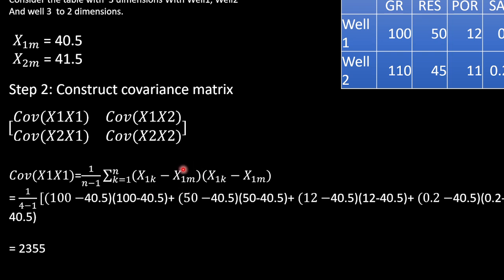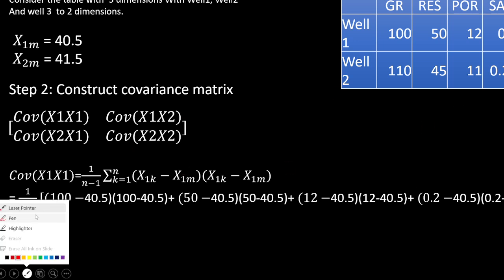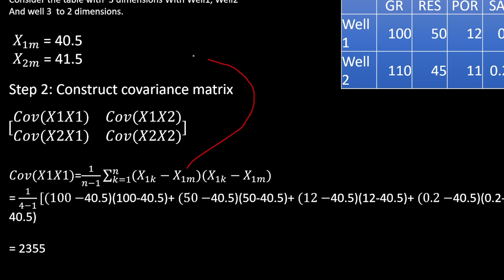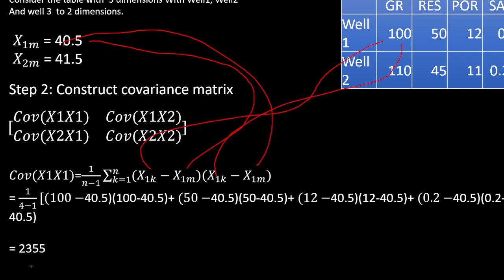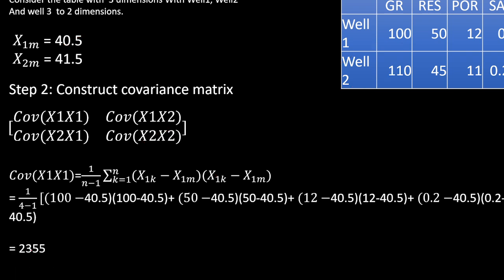Here x1m is this value, and x1k represents this value. Then multiplied again by x1k minus x1m, because it is x1 x1, so both will be the same. So again this value and this value. In that way we need to distinguish the difference.